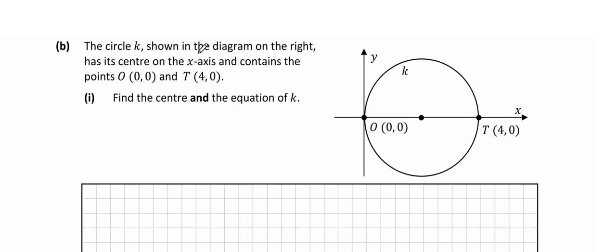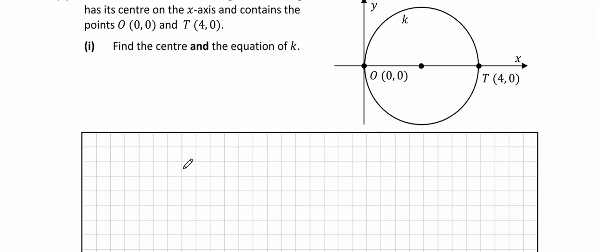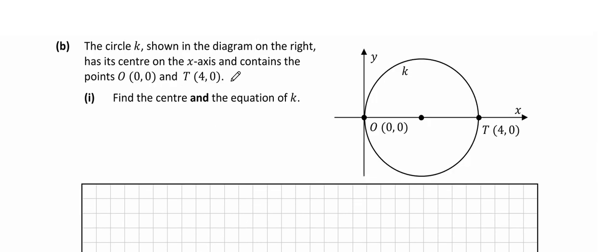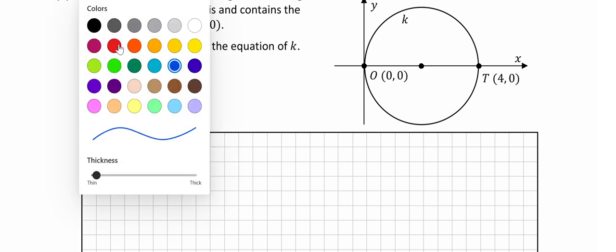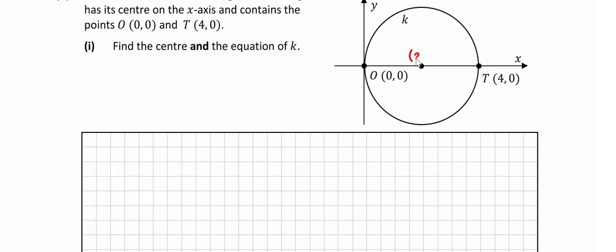Next part there, circle K shown in the diagram on the right has its centre on the x-axis and contains the points 0, 0 and 4, 0. So I can assume here that the hop from 0, 0 to 4, 0, so half of 4 is 2. Hopefully you can spot there the centre is 2, 0.